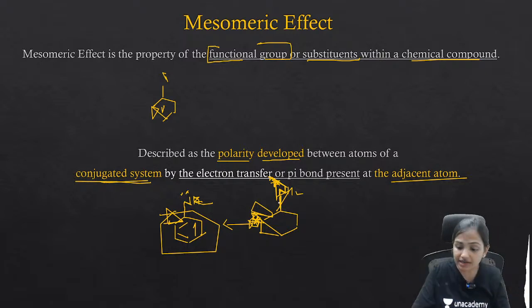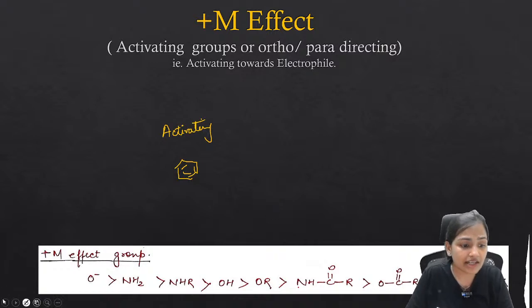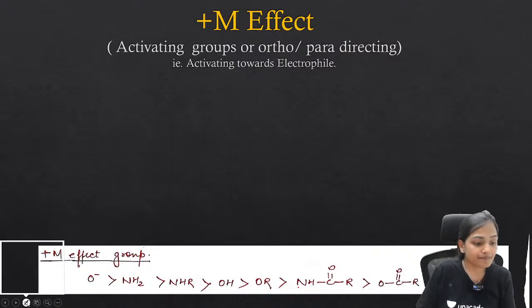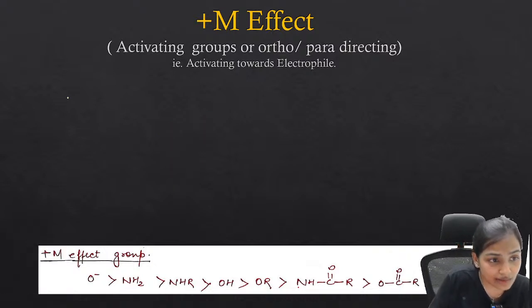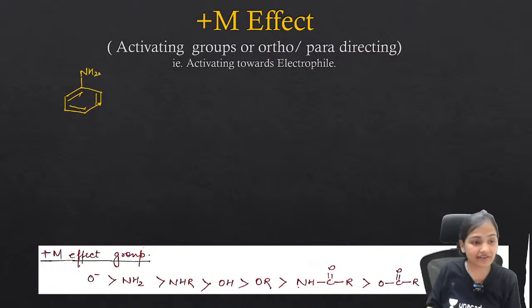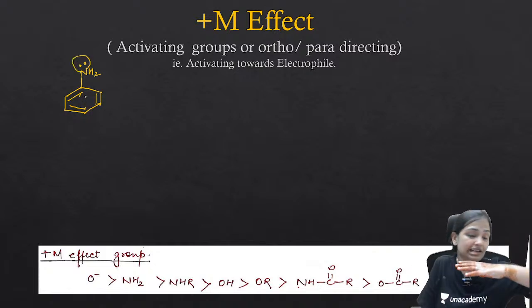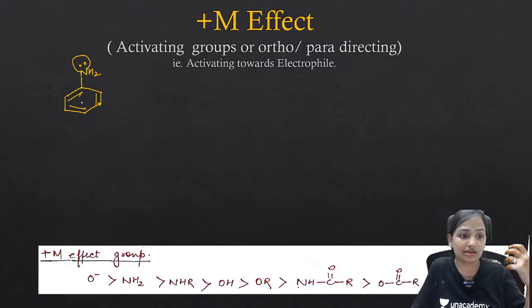Let us see again what the activating groups and deactivating groups are. What I was telling you is that this is the polarity developed. If I take the example of benzene with NH2, on this particular slide everything is fine. When I look at the lone pair of nitrogen, if you are talking about only benzene, there is complete delocalization.